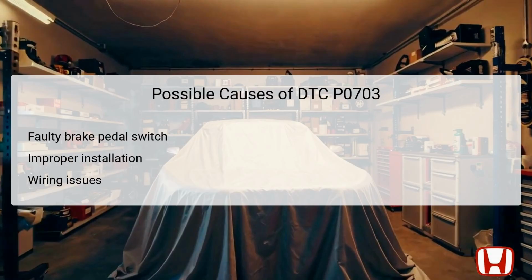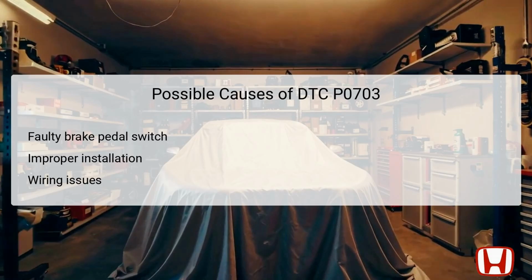Several potential causes can trigger DTC P0703. Firstly, a faulty brake pedal position switch may not signal correctly to the PCM, which can prevent proper operation of associated systems. Secondly, improper installation of the brake pedal position switch can result in poor engagement or misalignment, leading to incorrect readings.